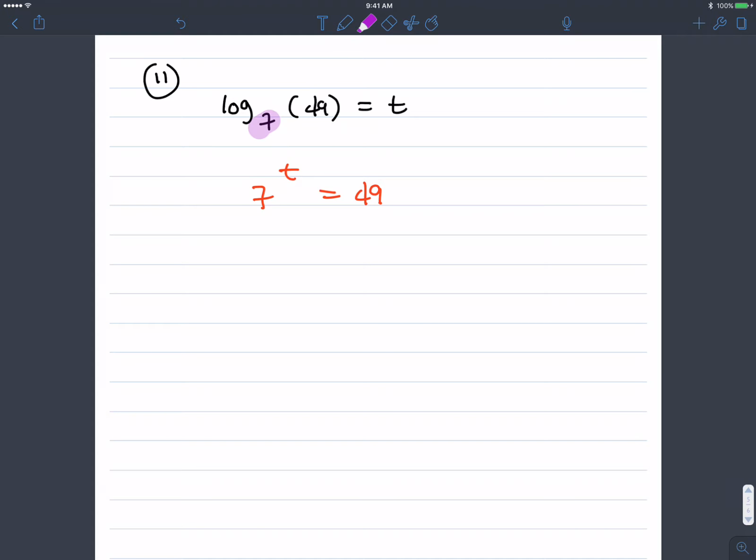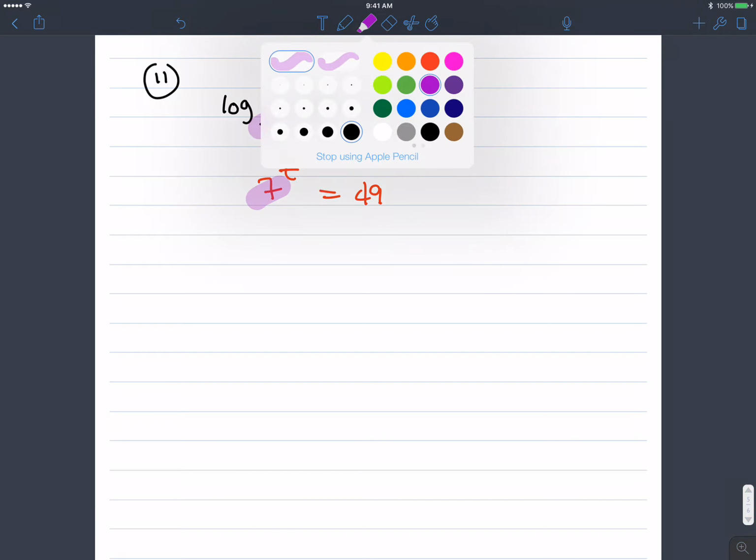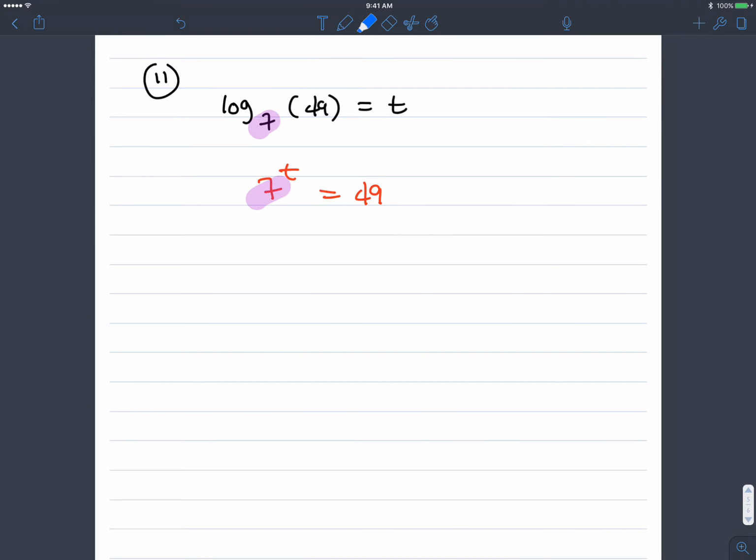That my base here, 7 raised to the t power, better equal that 49. Okay, let's go back and do that again. The 7 base is here using the definition. Let's say here's a t power, here's a t.